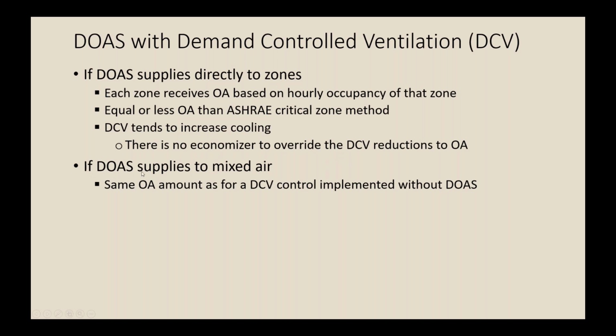The other scenario, if the DOAS is supplying to the mixed air, is controlled as if there's a CO2 sensor in the mixed air chamber of the receiving air handler, and it ends up being fairly similar energy results and performance as if you didn't have a DOAS, if the DCV was being controlled in a mixed air without a DOAS system. So it's found those results to be fairly similar. That makes sense.